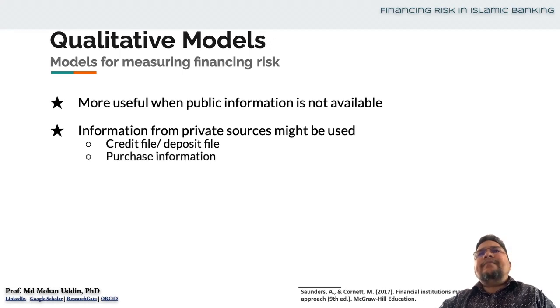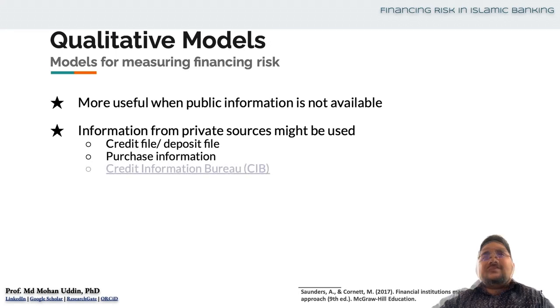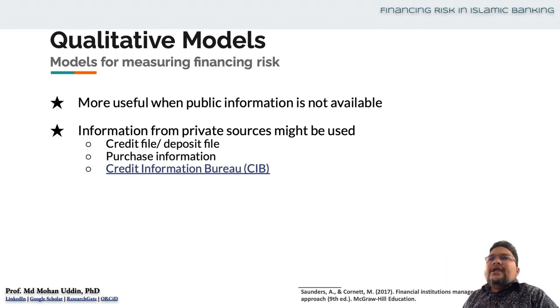The second one is purchasing information. There are many parties, at least in developed countries, that sell information about different business organizations. They collect the information, store it, maintain it, and sell the information about private companies. It is their business. I don't know whether it is available in Bangladesh or not, but information can be purchased from different parties who provide information about private organizations. And another one is the Credit Information Bureau.